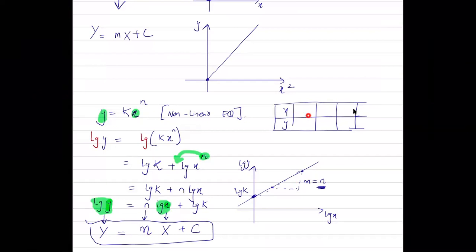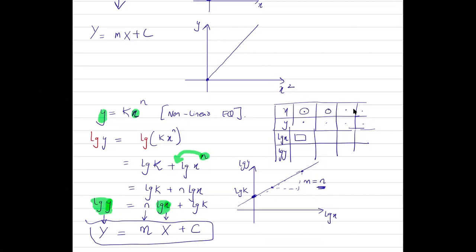So if I have x and y coordinates, corresponding points, I'll make another column for LGX and another column for LGY and find the respective values. For example, whatever the x value is, I'm going to find the log of that value.